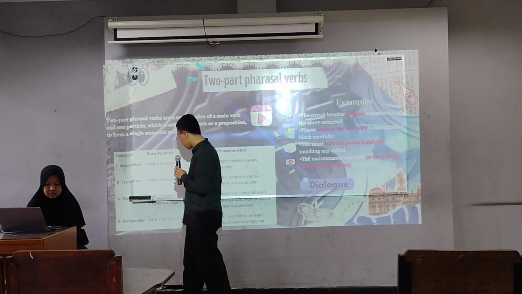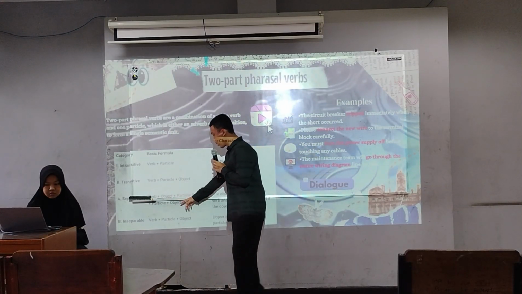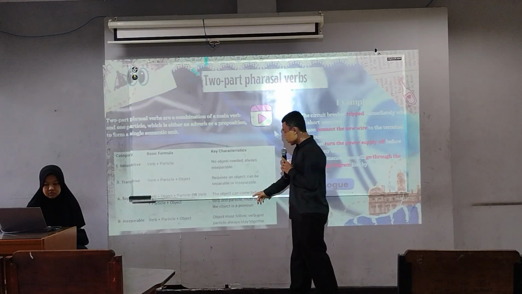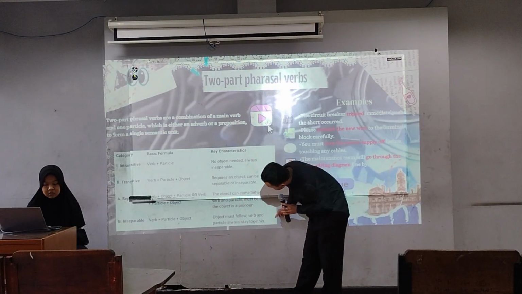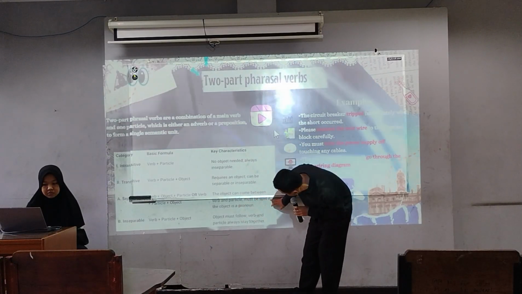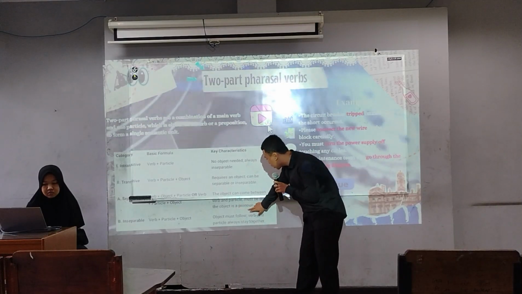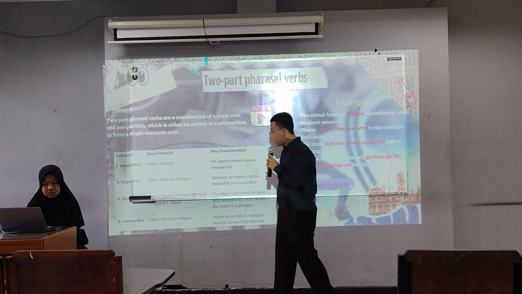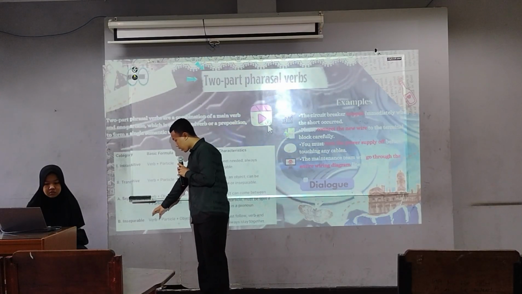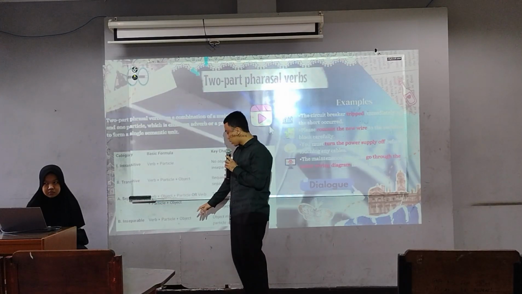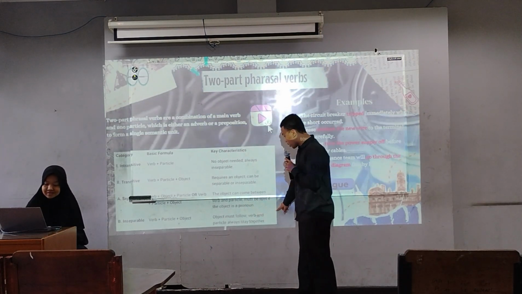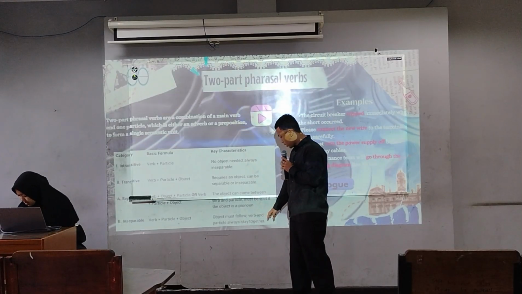Separable: verb plus object plus particle, or the object can come between the verb and particle; it must be placed in between if the object is a pronoun. Inseparable: verb plus particle plus object. The object must follow, and the verb and particle always stay together.